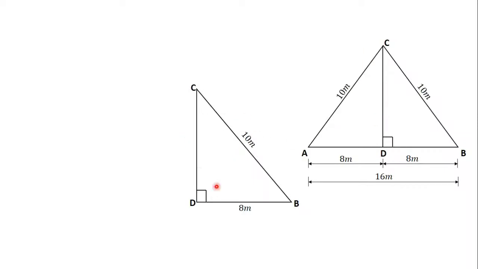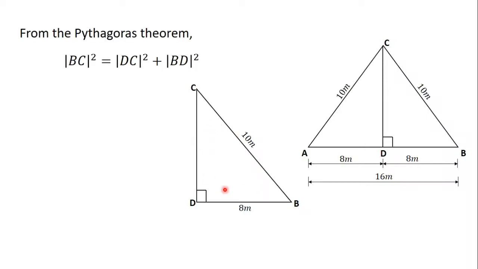Since this is a right angled triangle, we can use the Pythagoras theorem to find the side that we want. Applying the Pythagoras theorem, we have BC squared is equal to DC squared plus BD squared. I have explained the Pythagoras theorem and how to use it in the videos under trigonometry.